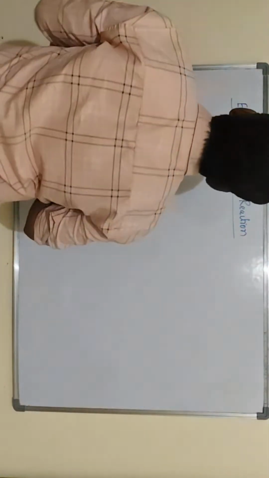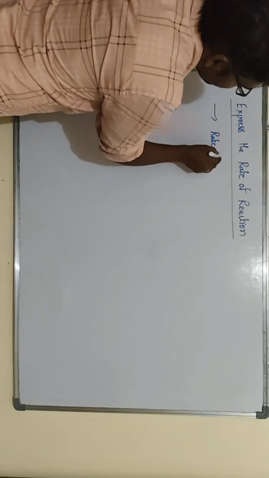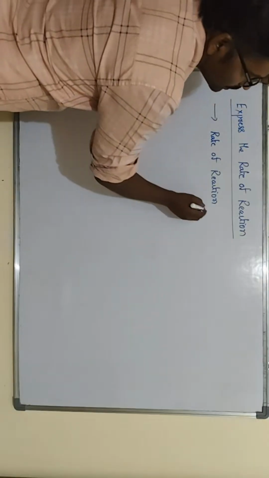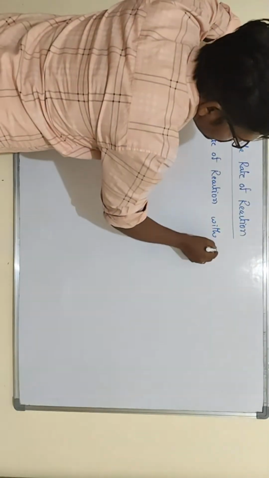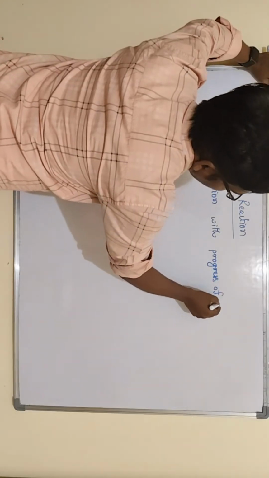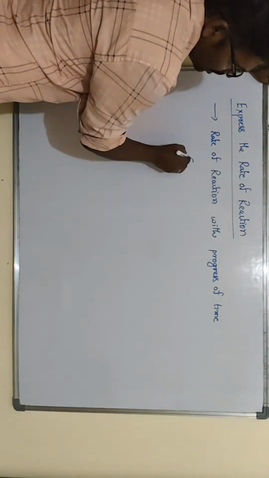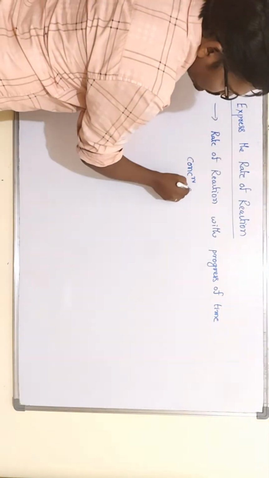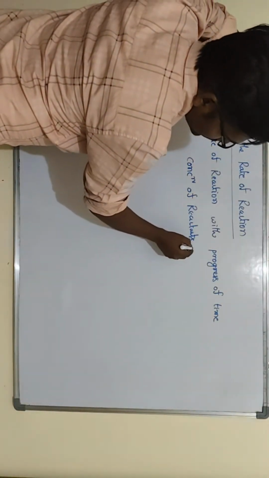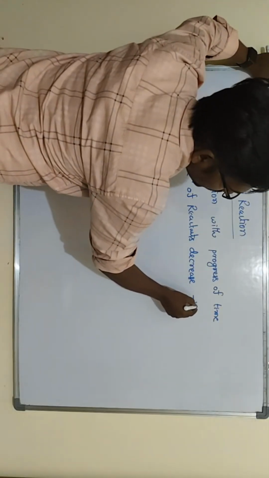So first, for the rate of reaction with the progress of time, the concentration of reactants decreases, you have to take a negative sign.